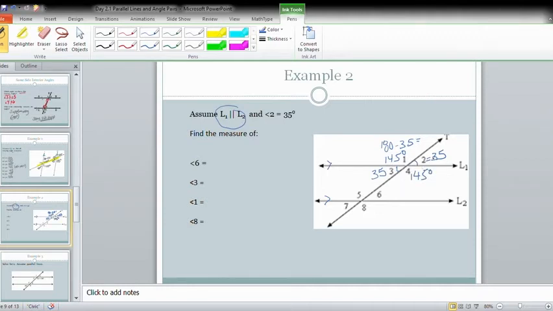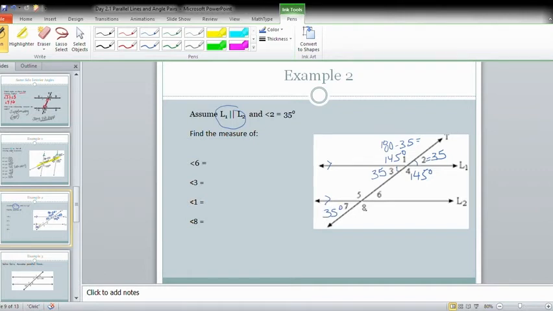Now I need to start shifting down to line L. Let's use alternate exterior angles now. So angle 2 and angle 7 are going to be alternate exterior angles, so they are going to be congruent.